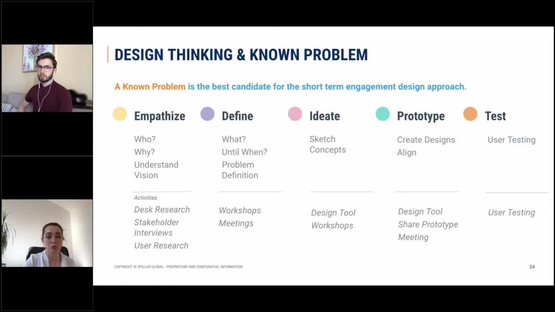I want to also showcase how the design thinking is applied here as well, and how the activities are substantially more than in the small tasks. The timeline for this is how George mentioned. It can range between 2 and 8 weeks. For a small task in comparison, that could be also done in a day or two.